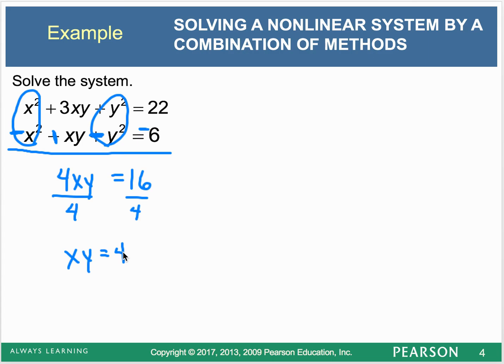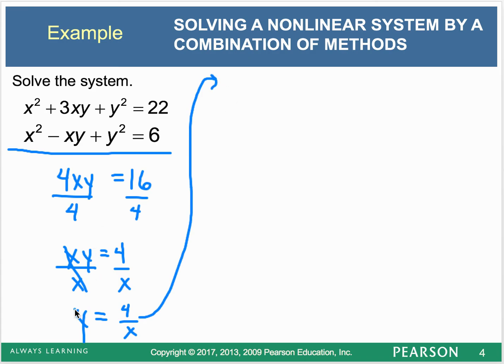I need either an x or a y, right? So it doesn't matter. I'm just going to divide both of them by x. Okay, so far we have y equals 4 over x. So I'm going to go back and plug into one of these equations, that bottom one, since it's a simpler one, and see what happens.